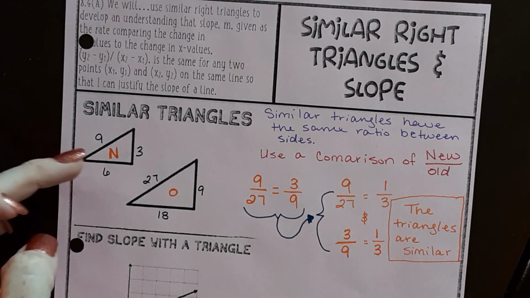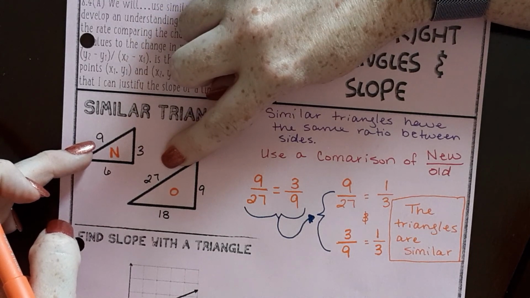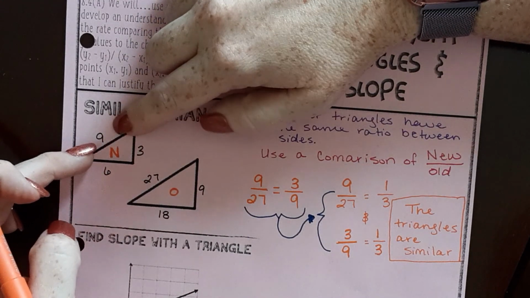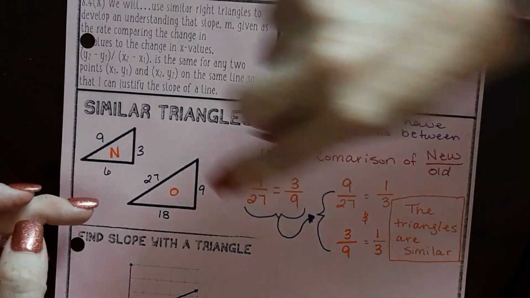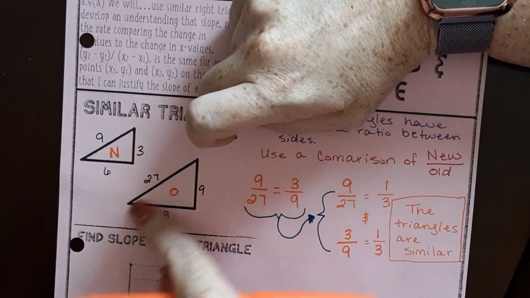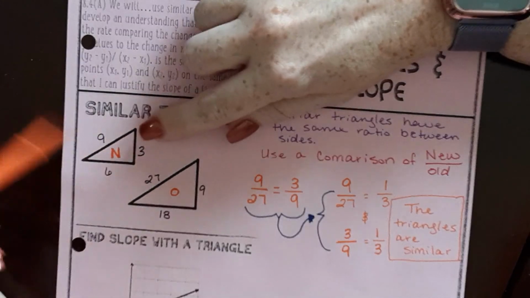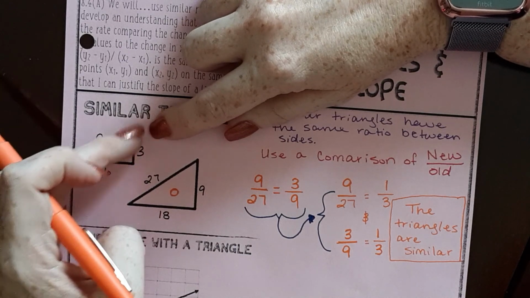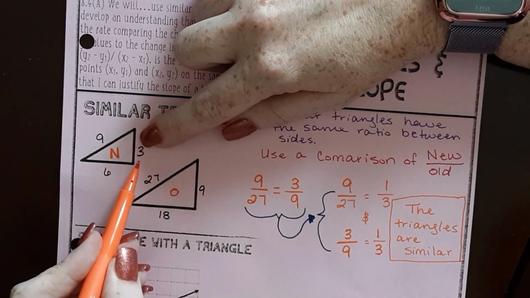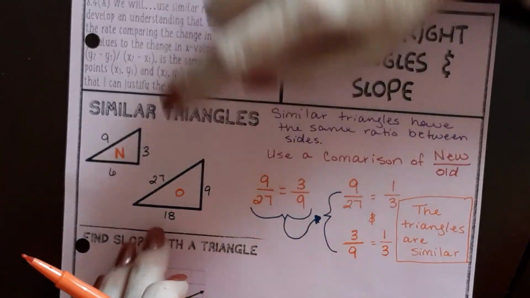Because when I compared this side and this side, the hypotenuse of my new triangle is 1/3 the size of the hypotenuse of my old triangle. I set it equal to here, the A leg of my new triangle compared to the A leg of my old triangle.